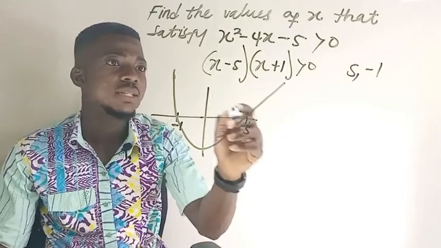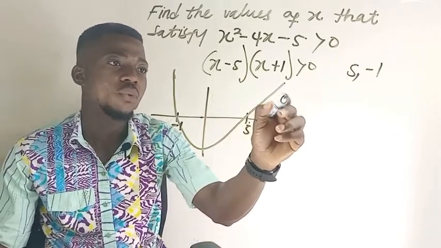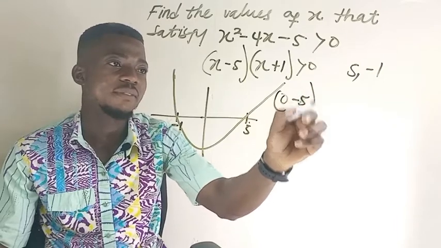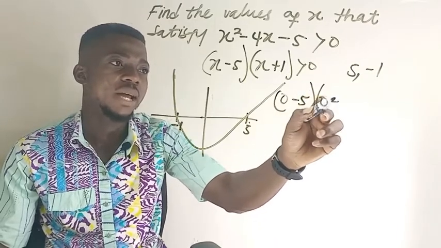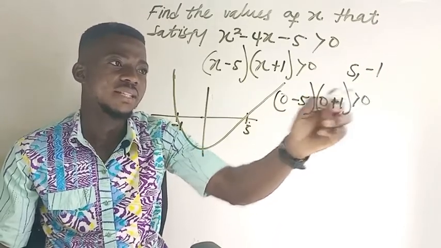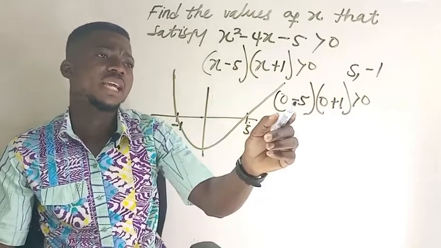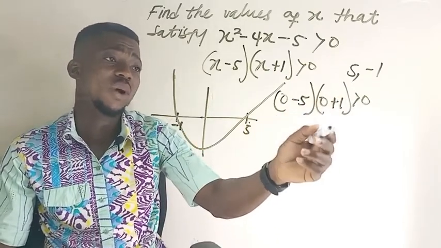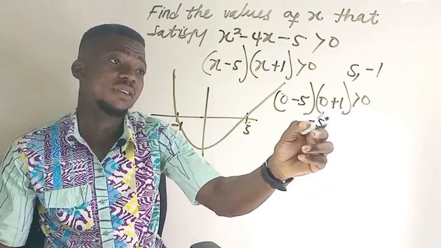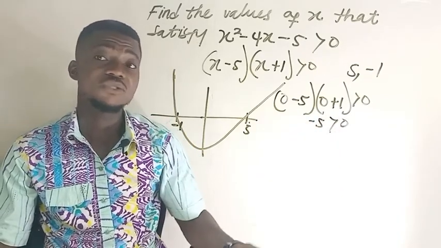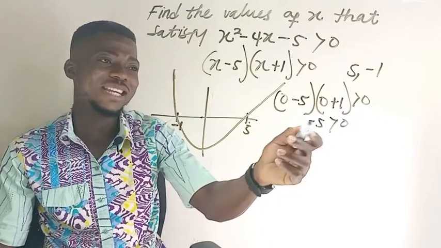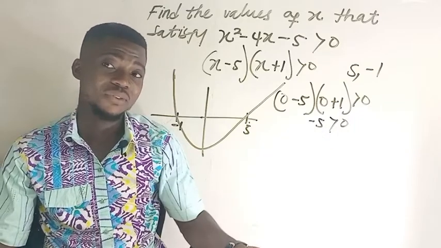So we're going to put 0 here. We're going to have 0 minus 5, then 0 plus 1, greater than 0. Now, that's going to be -5 times 1, which gives us -5 greater than 0. Is the statement true or false? We have -5 greater than 0. That's not true.